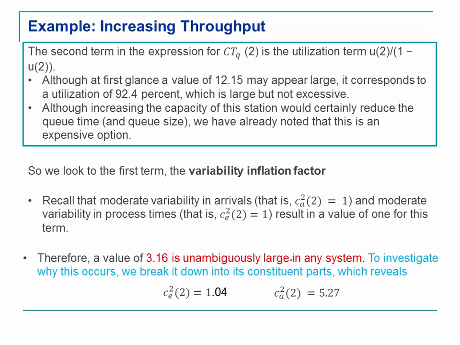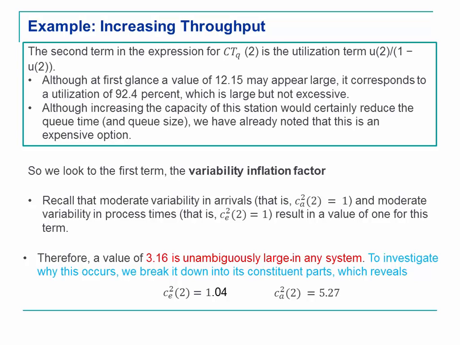So the second term in the expression for CTQ2 is the utilization term, U2 divided by 1 minus U2. Although at first glance a value of 12.15 may appear large, it corresponds to a utilization of 92.4%, which is large but not excessive.